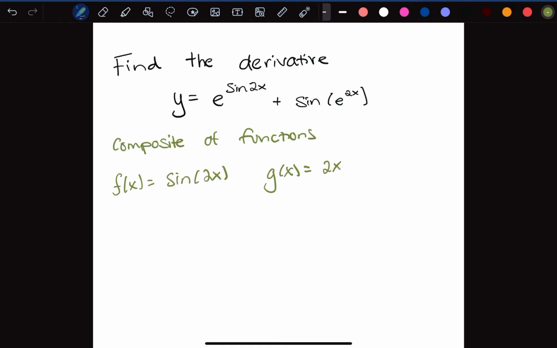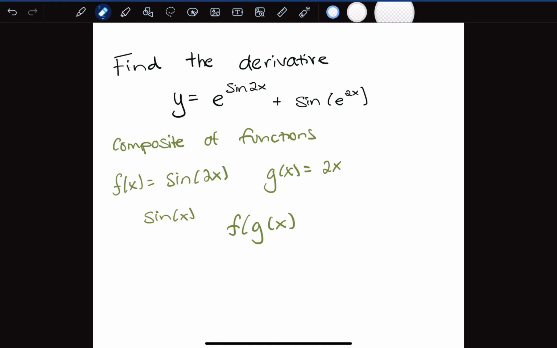So our normal function would be sine x, and then we have this 2x, and our f of g of x is equal to sine of 2x. So sine of 2x and these trig functions are actually considered composite functions themselves.